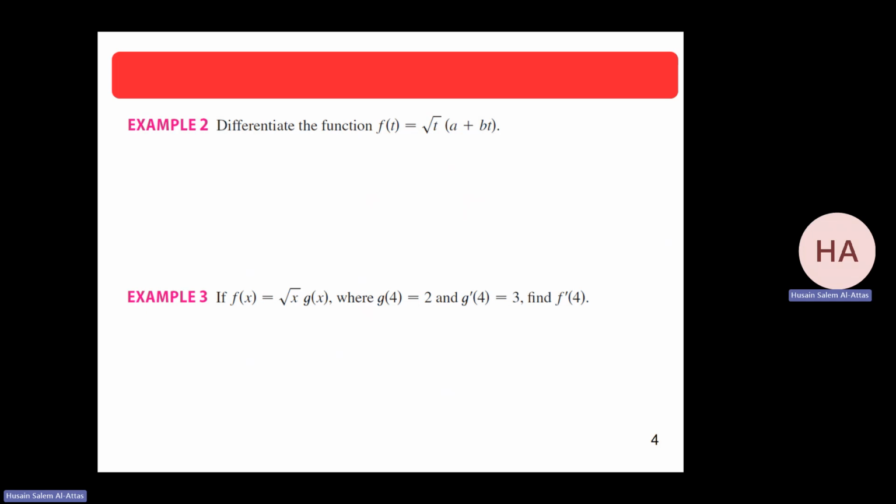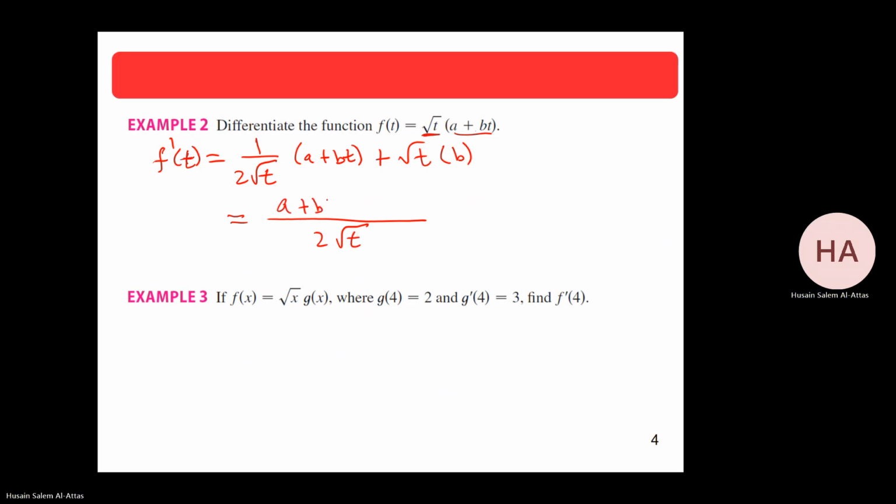More examples. This one, what will be f prime? Derivative of the first, which is 1 over 2 root t times the second, plus the first, derivative of the second. What's the derivative of this? You can simplify it. You can make it over 2 root t. I have what?